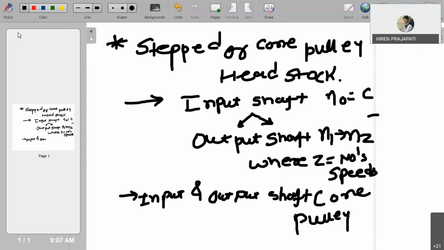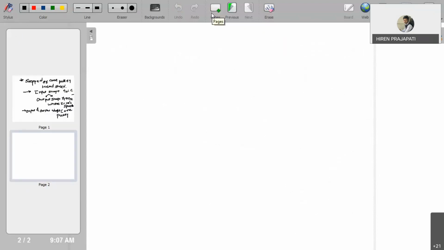So let me show you a diagram of cone pulley. So suppose we are talking about 5 speed steps, then suppose this is pulley 1, then we use another pulley.